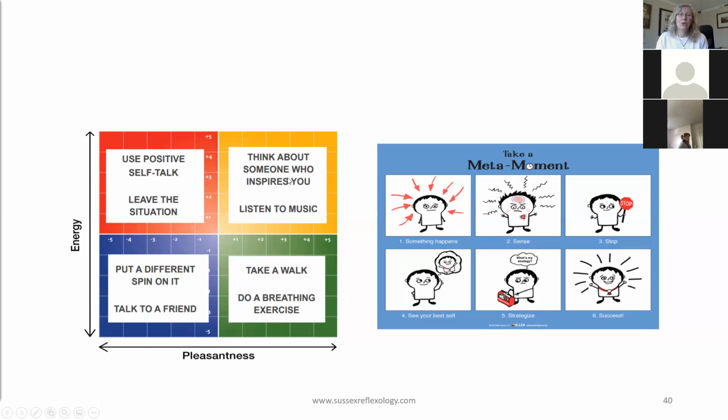Do I need to listen to some music, get some dancing on in the kitchen? Do I need to have a chat with somebody who lifts me up? And all of this, knowing how we are emotionally and how we move ourselves from one zone to the next, is a skill that I very firmly believe that I never learnt.